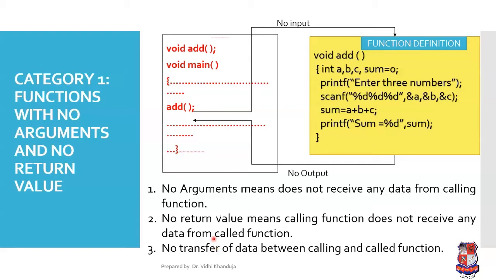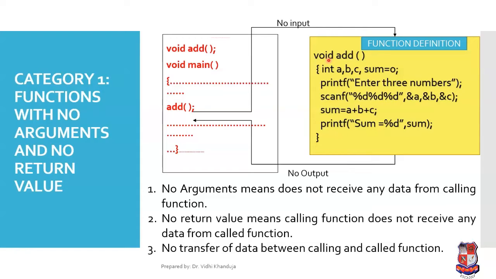So in whole, we have seen in this particular category, there is no transfer of data between calling and called function, right? So there is no return of the value. So you can see here we have written the return type as void. This is a keyword in C language, right?